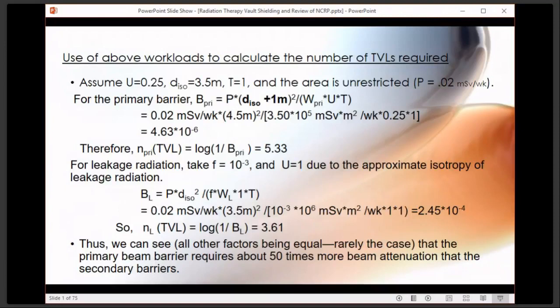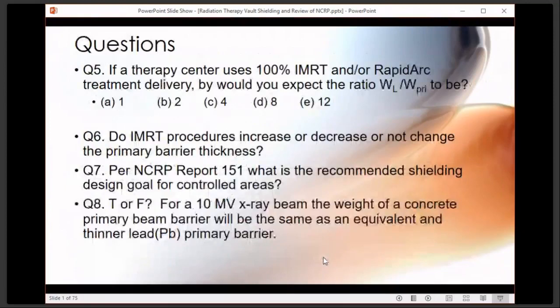So again, here we're seeing that the difference between these two is really about a factor of 50. So more attenuation for the primary, as one would expect, by about a factor of 50 in terms of attenuating properties. So we're done with this little second section here, and we have yet another question for Christina to manage.